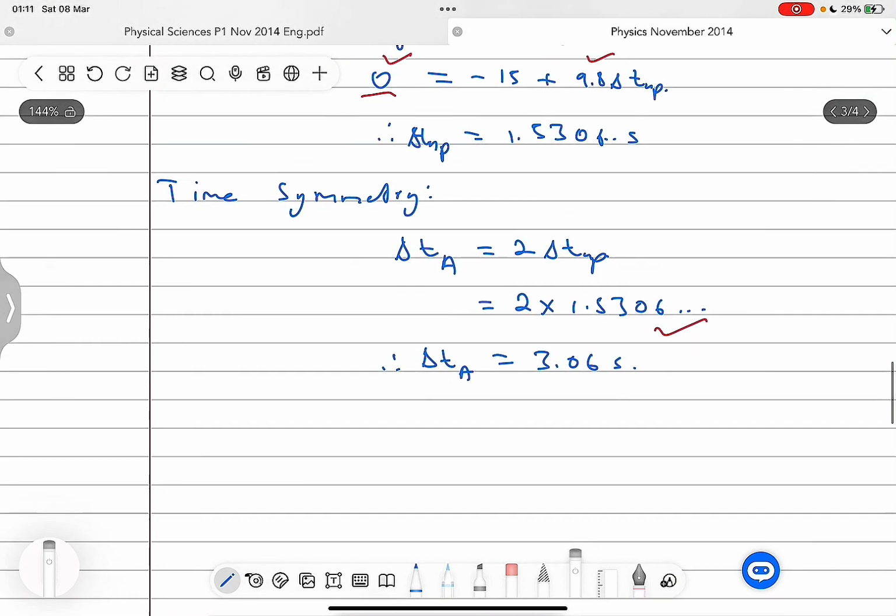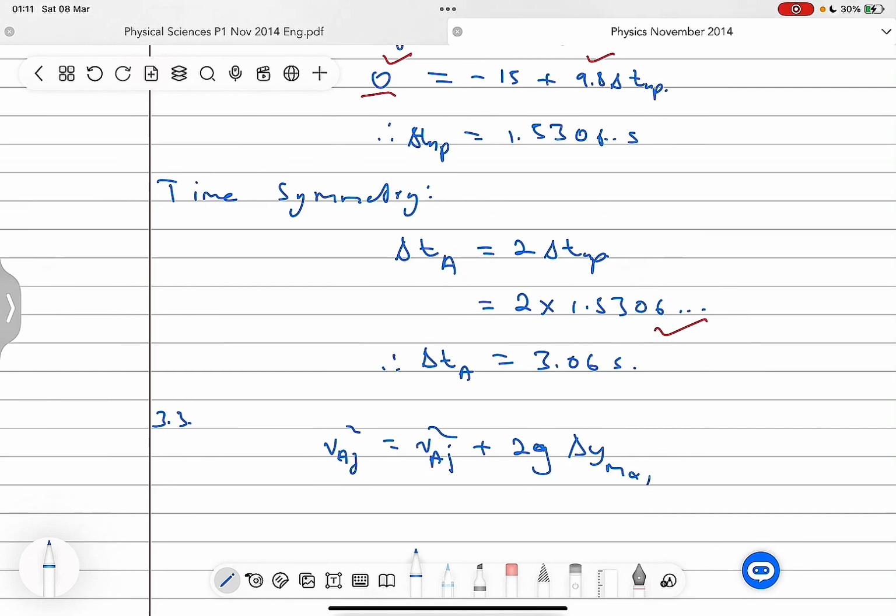To do that, I'm going to use the equation that says that the final velocity of ball A squared is equal to, this is ball A, not B, the initial velocity squared plus twice the acceleration times the change in y.